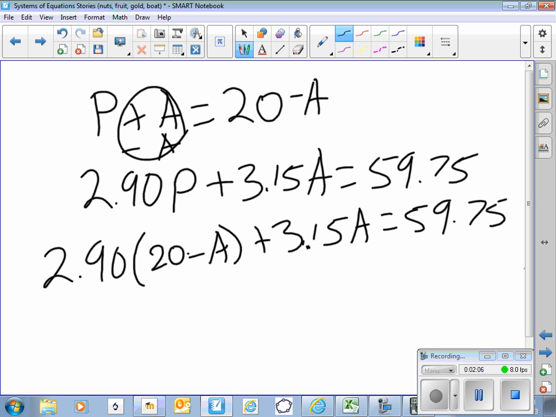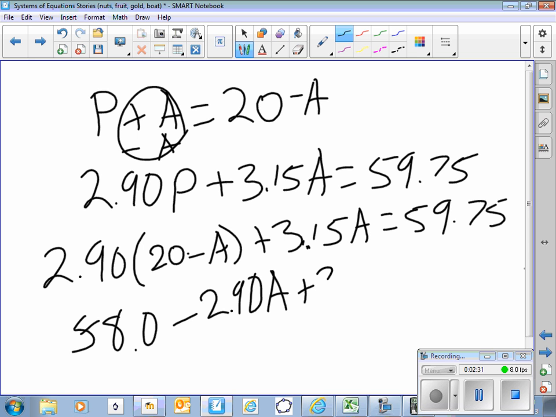Well, 2 times 29 would be 58, so that would be $58 even, minus $2.90 times the number of pounds of apples plus $3.15 times the number of pounds of apples equals $59.75.